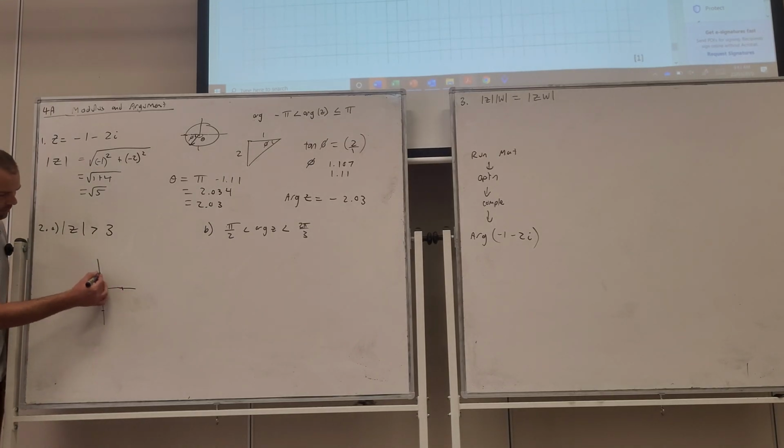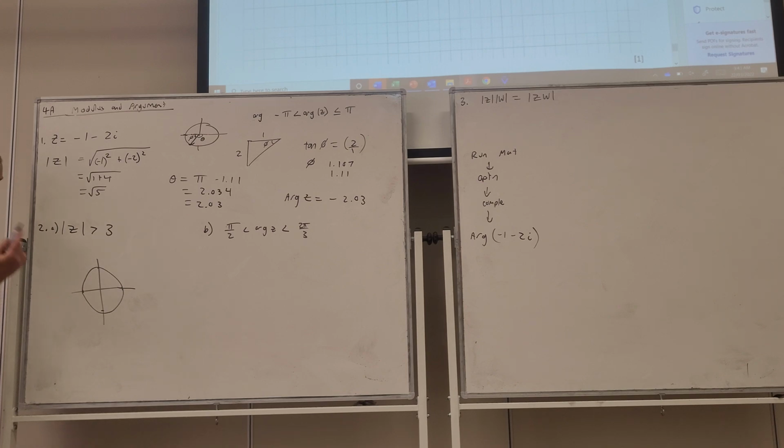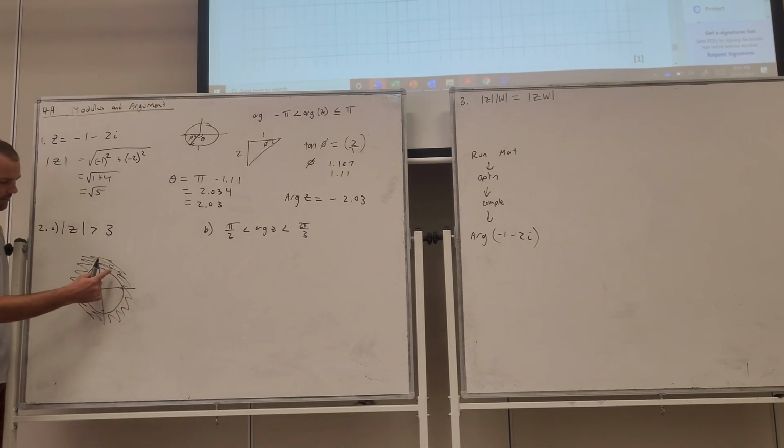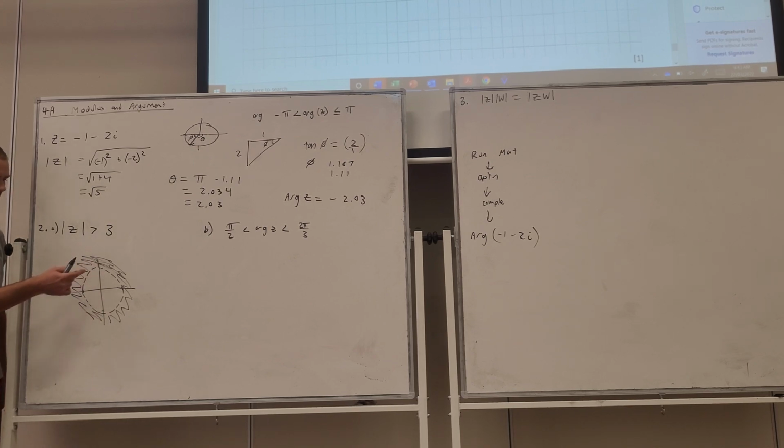If we were to draw a circle with a radius of 3, our complex number z, because it has a modulus that's larger than 3, has to be outside of this circle and not touching it because we're not including it. So maybe we should have a dotted circle, which suggests that it exists outside of that region, with a radius of 3.